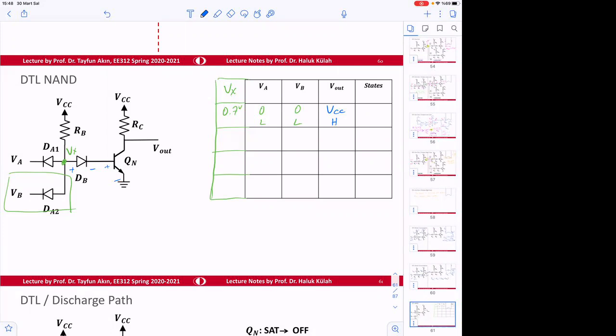The transistor states, we could also draw them here. It's not that easy to write it here.